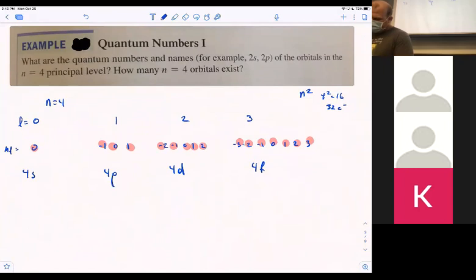So what are the quantum numbers and names of the orbitals in the n equals 4 principal quantum level? How many n equals 4 orbitals exist?